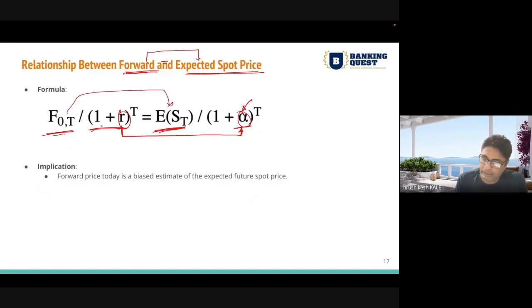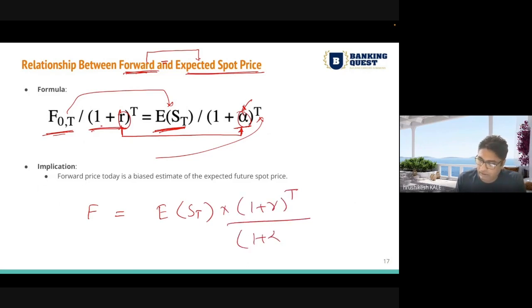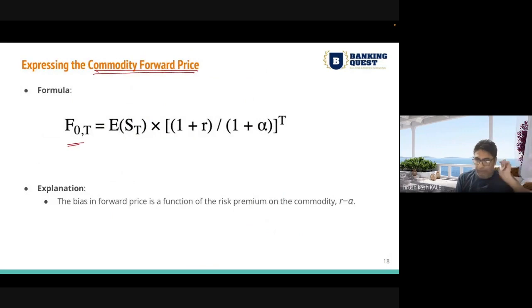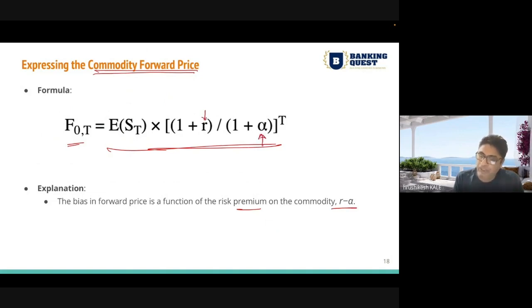So, forward price is equal to expected spot price multiplied by (1 plus r) raised to power t divided by (1 plus alpha) raised to power t. The same thing is written here. The bias in forward price is a function of the risk premium on the commodity, R minus A. So R is the risk-free rate and A can be anything, which we are going to see. So A can be your convenience yield, your storage yield, and so on and so forth.